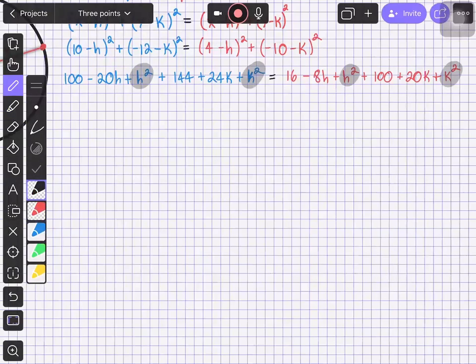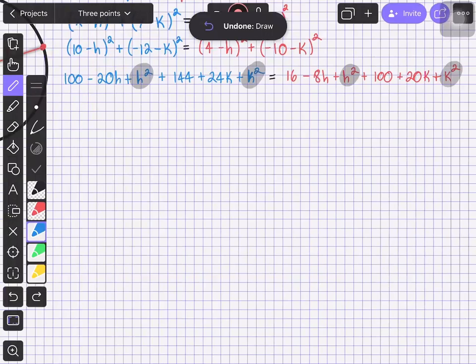So now we can add 100 and 144 and have a shorter equation. Let's do the addition right now.